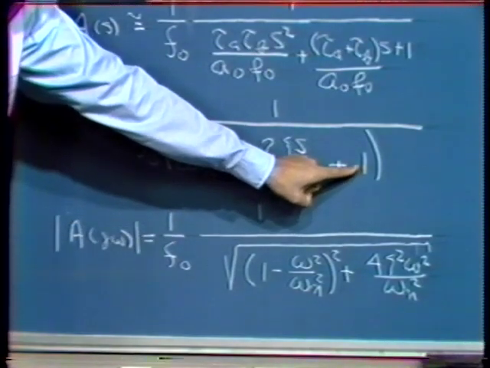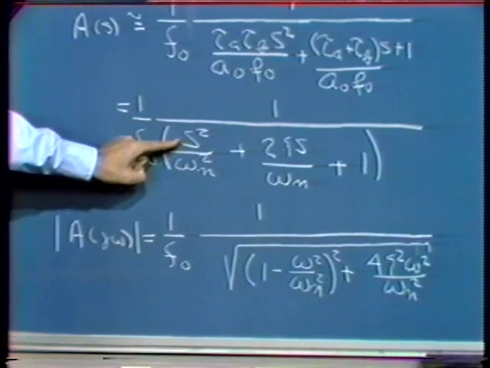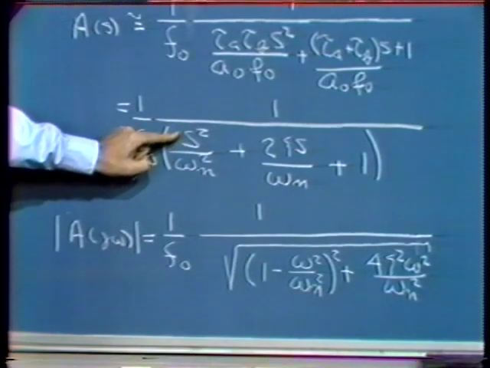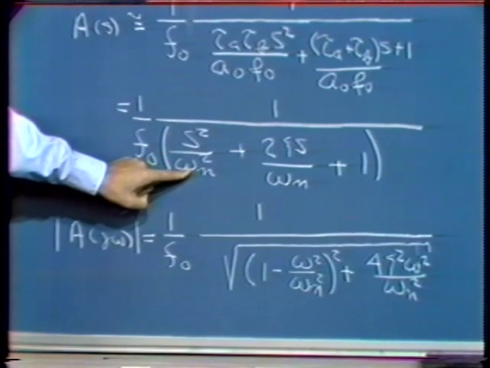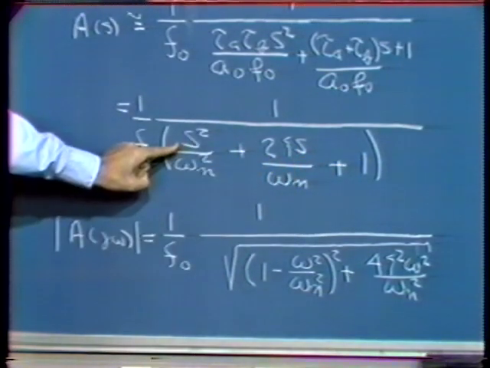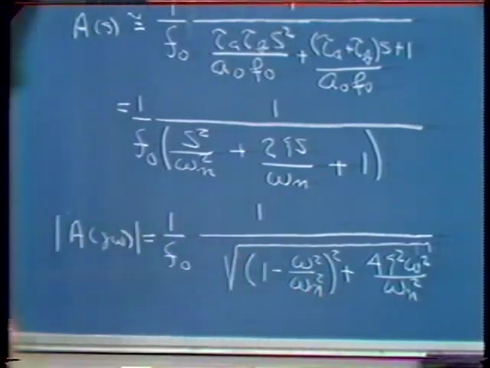We have the constant term, and when we substitute j omega for s, we square the j and we get a -1. And so we get a term from this part of the equation that's omega squared over omega n squared with a minus sign. So the real part of our expression is 1 minus omega squared over omega n squared.